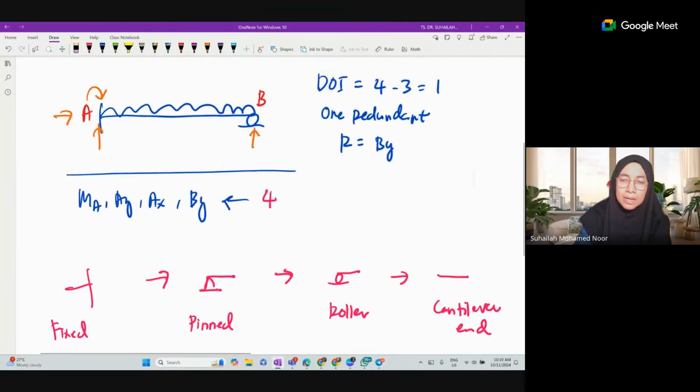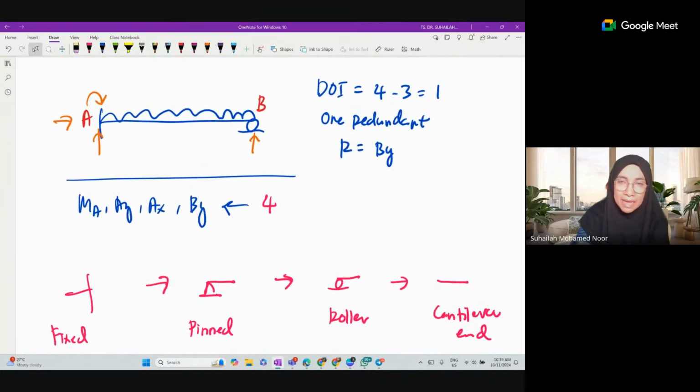So every time we want to remove a redundant, make sure we have a stable and determinate structure. We can have BY as redundant, we can have the moment at A as redundant.